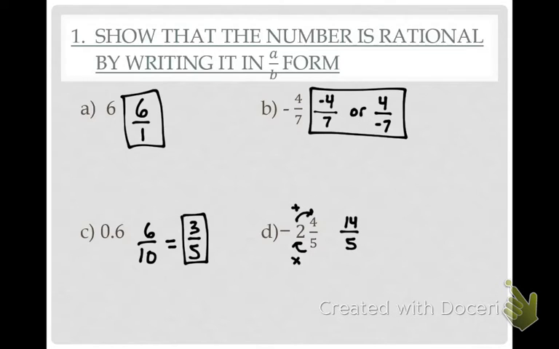You have to attach it. So it could be negative 14 over 5, or negative 14 over negative 5. No, 14 over negative 5. Notice you did not switch where the numbers were. You simply changed where the negative sign went. All right, so that is how you put something into A over B form to show that all of those numbers were rational numbers.